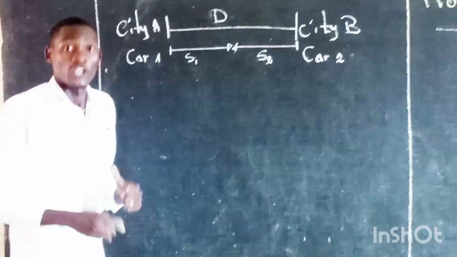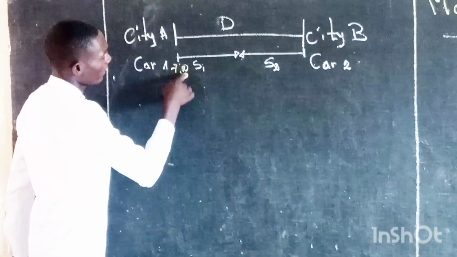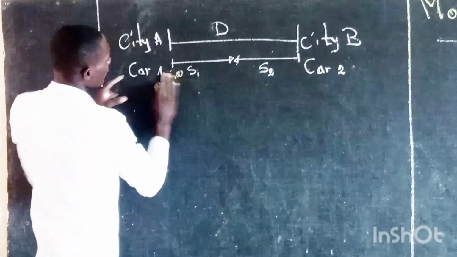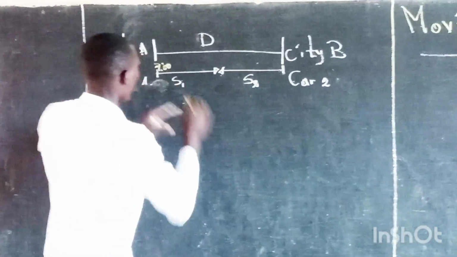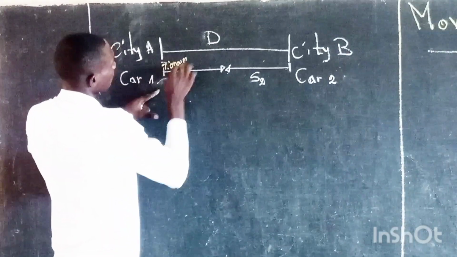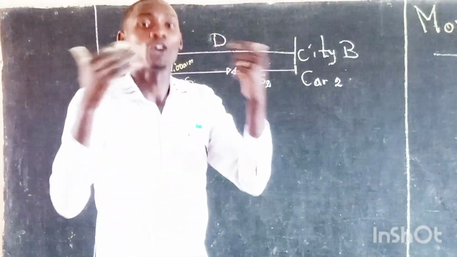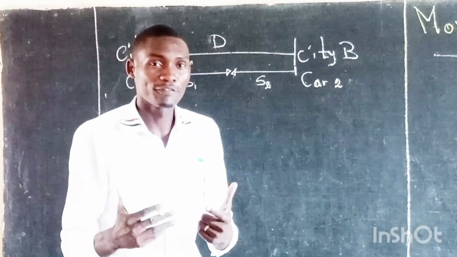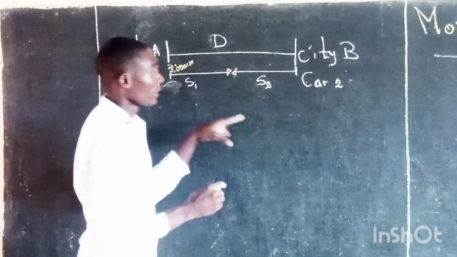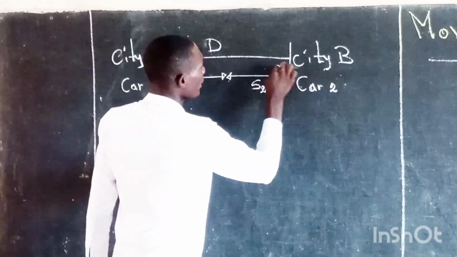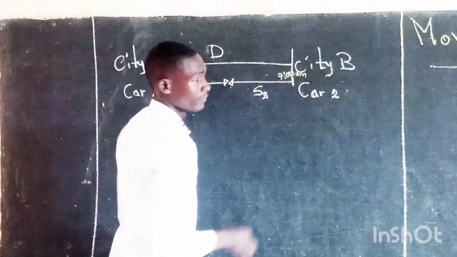Maybe the first car is going to start at 7 o'clock a.m. And another car, which is car B, is also going to start to move towards city A at also 7 o'clock a.m.